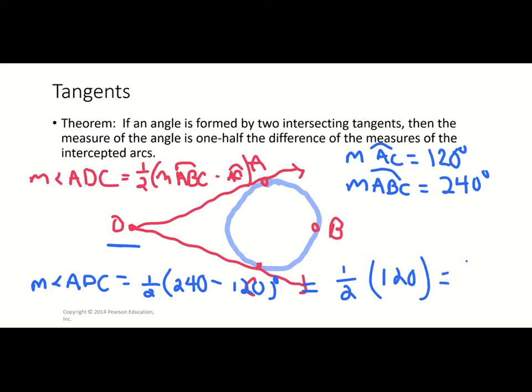So the measure of angle ADC is going to be equal to 60 degrees. And here's a little trick. Any angle that is formed on the outside of a circle, whether it be from two tangents or a secant and a tangent or two secants, will always be 1/2 the difference of the intercepted arcs.